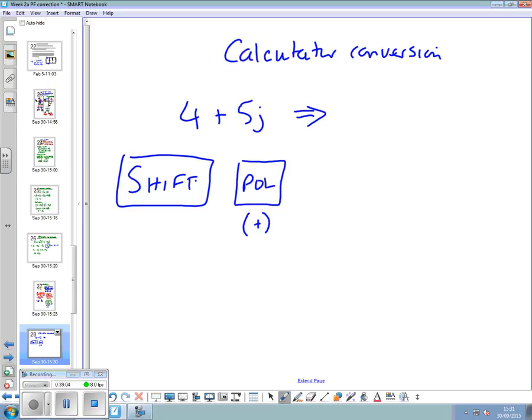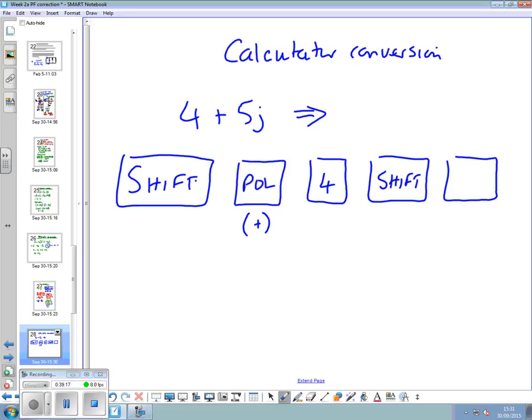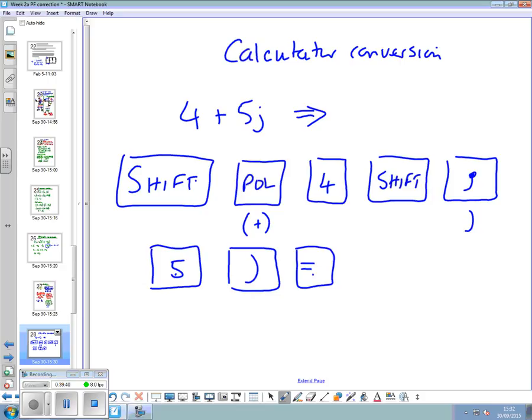Then you put in 4, shift, comma, which is a shift function on the open bracket key on my calculator, and then you put in 5, you close the brackets, although actually you don't have to do that, and press equals, and you get your answer.